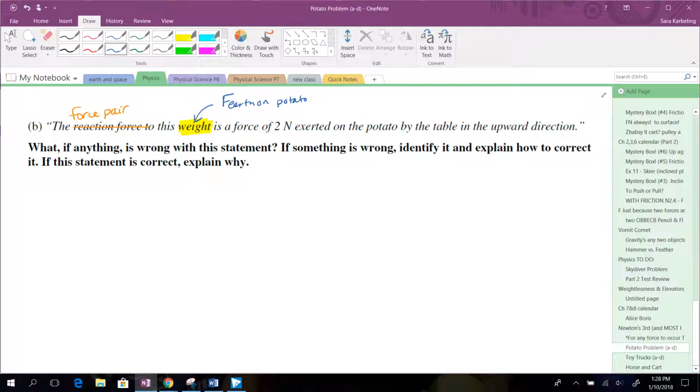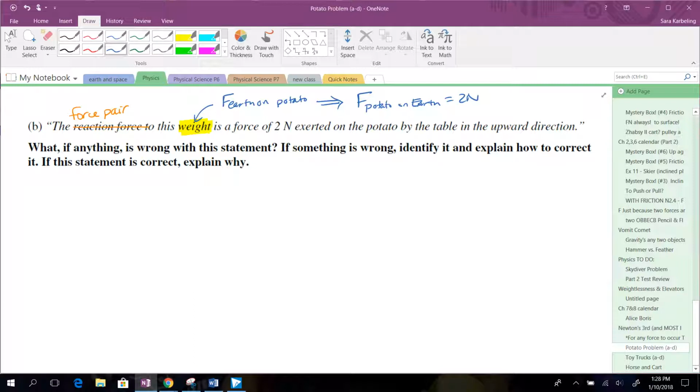How big is the force of the potato on the earth? 2 newtons. So the force pair to earth on potato is potato on earth. That should be 2 newtons, right? Is that what this student claimed?